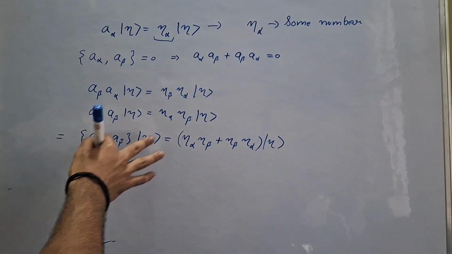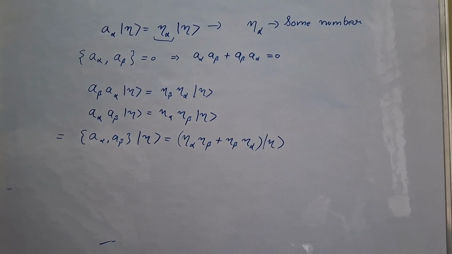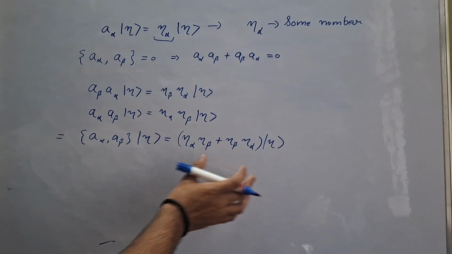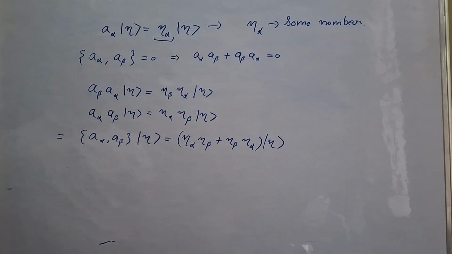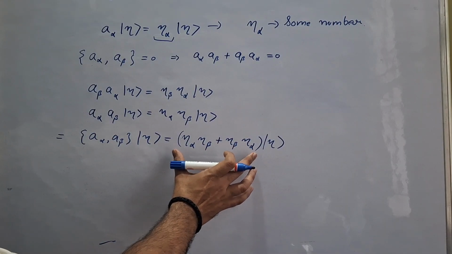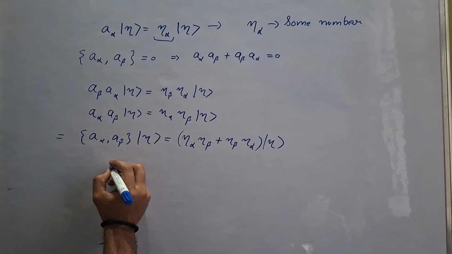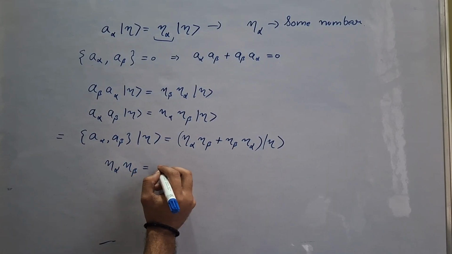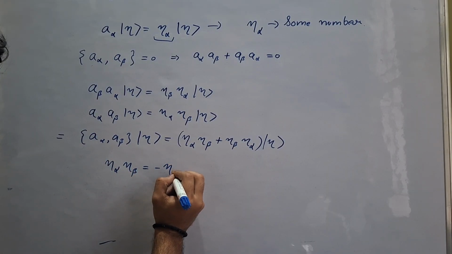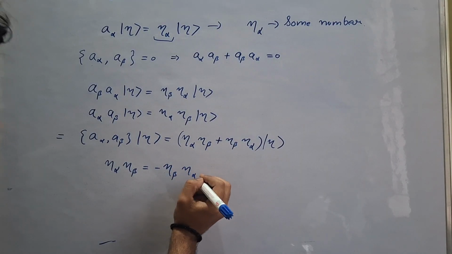Now this is 0 by this property, which implies, because this is an arbitrary state, that this quantity should be 0. This quantity being 0 means eta alpha eta beta is equal to minus eta beta eta alpha.